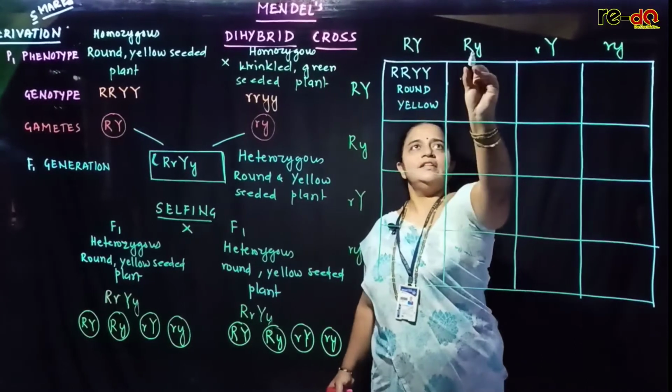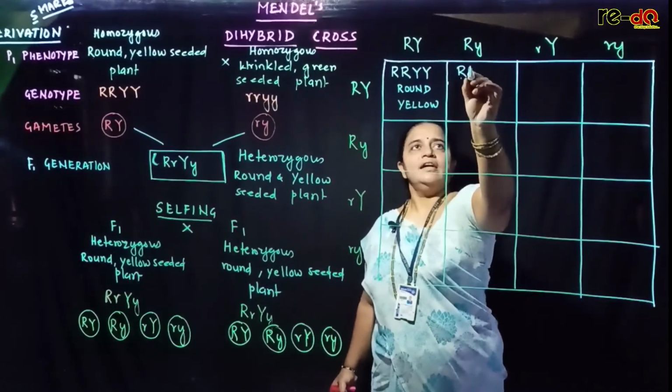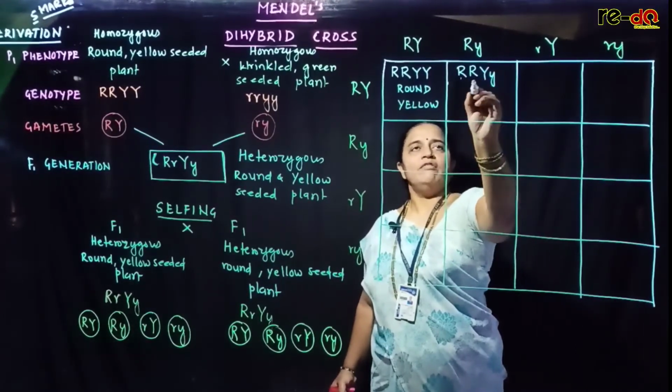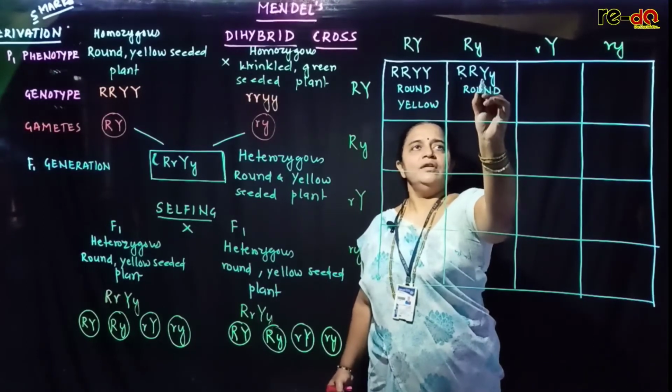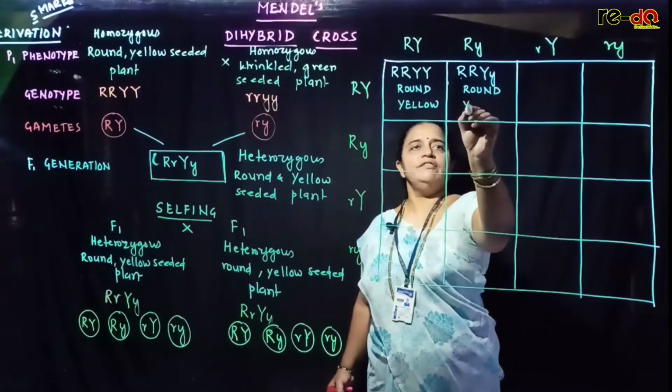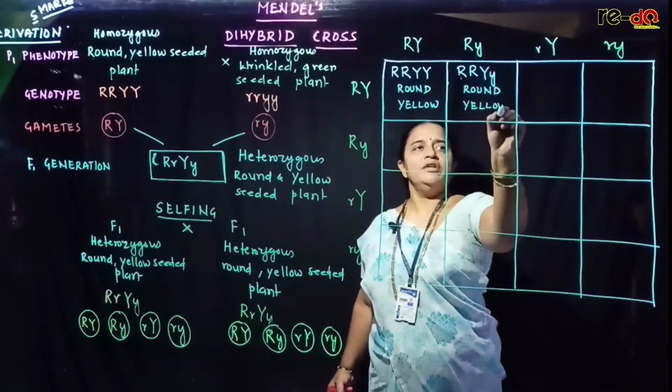Now this with this, R, R, Y, small y. Here R, R means round, capital Y means yellow is expressed, green is suppressed. So even this will become round yellow.